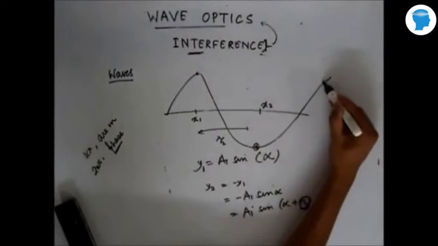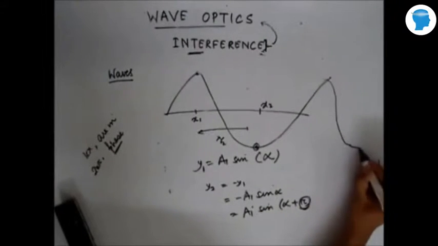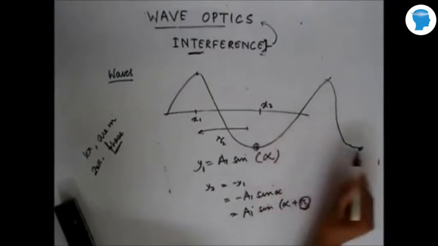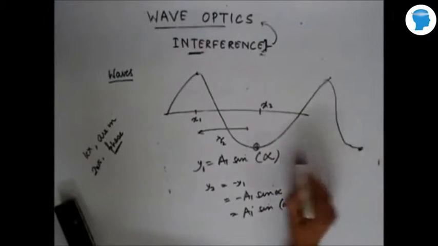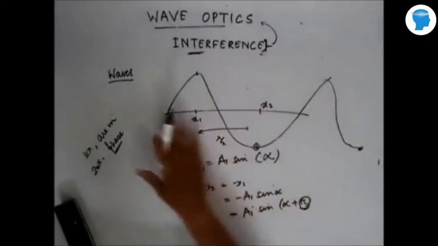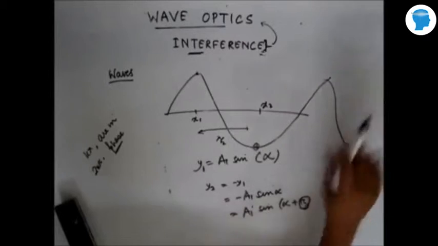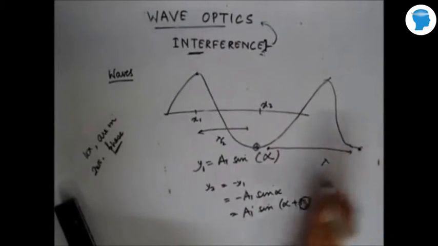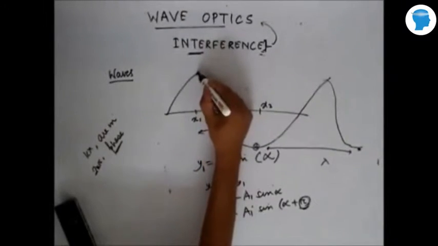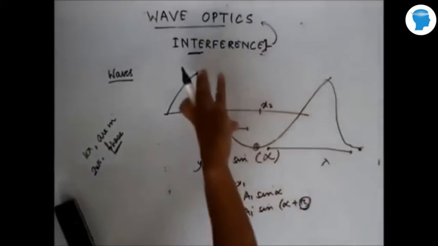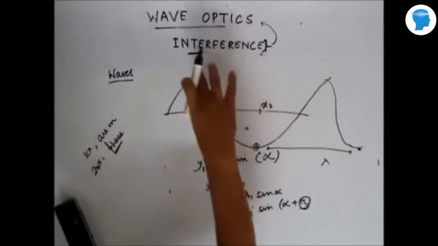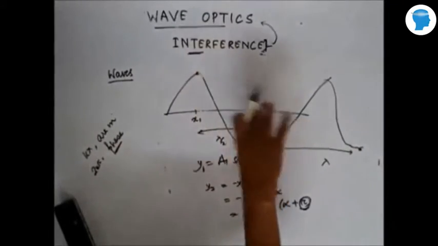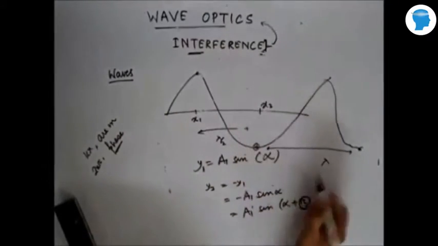Now from here, let's say I take a point here. These two points are in phase because at any time t, this and this displacement are the same. So this distance is lambda. So these two are in phase, these two are out of phase, because when this is maximum, this is minimum, this is minimum, this is maximum.